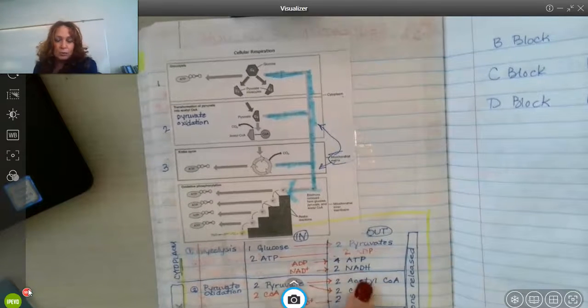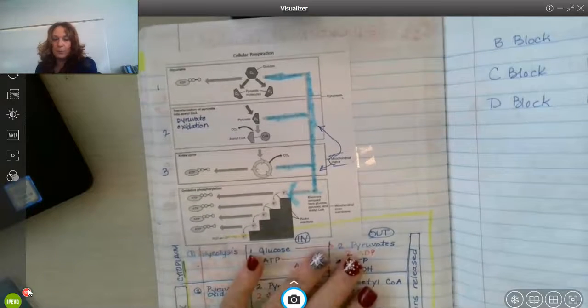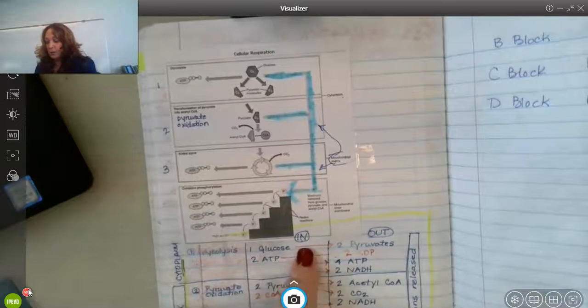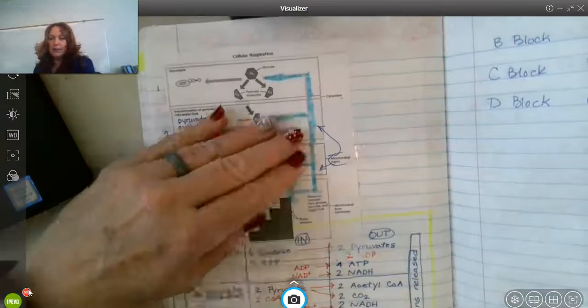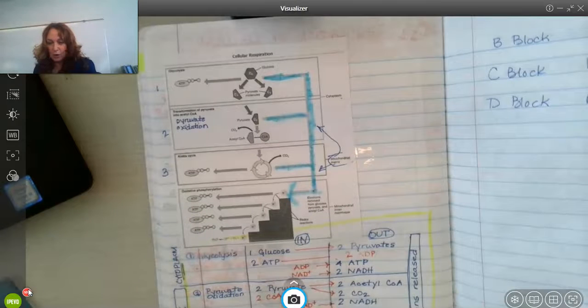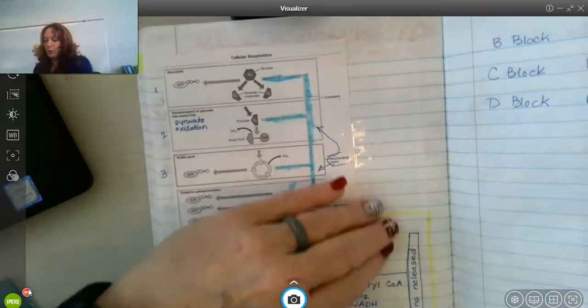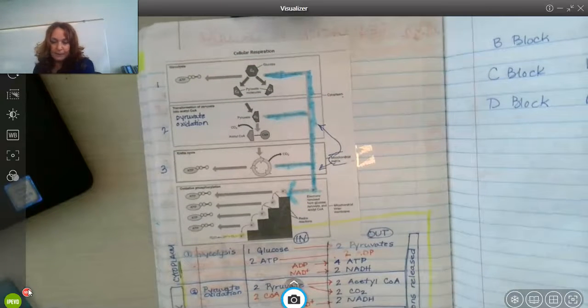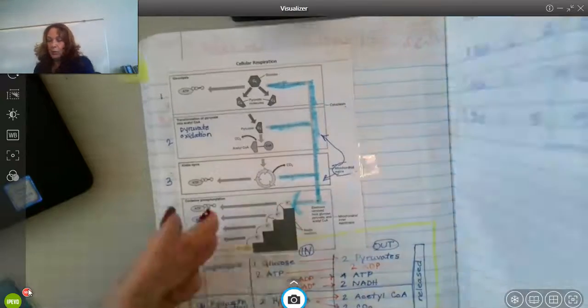What's that going to do? What would be affected and why? So you want to be able to clearly understand, here's what I have to have in order for this to start. When it's over with, here's what I'll have as end products, and then know where all those go.